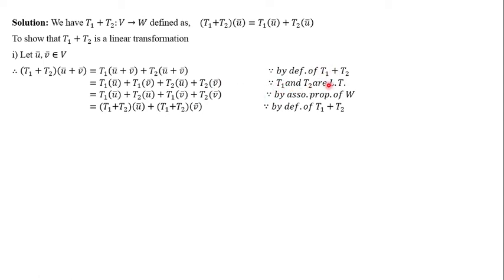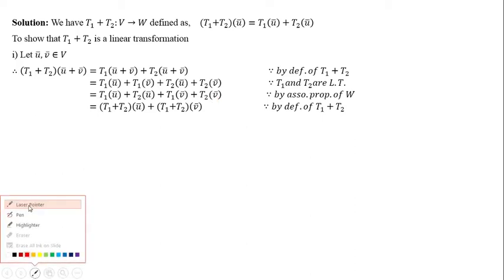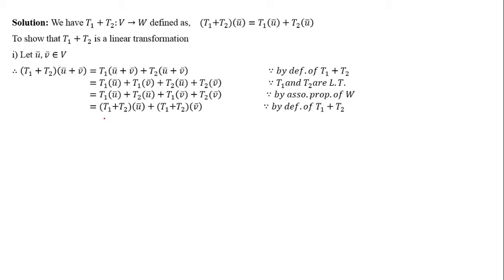The reason is T1 and T2 are linear transformations. So use the associative property in W: T1 operating on U bar plus T2 operating on U bar plus T1 operating on V bar plus T2 operating on V bar. Now use the reverse definition of T1 plus T2.